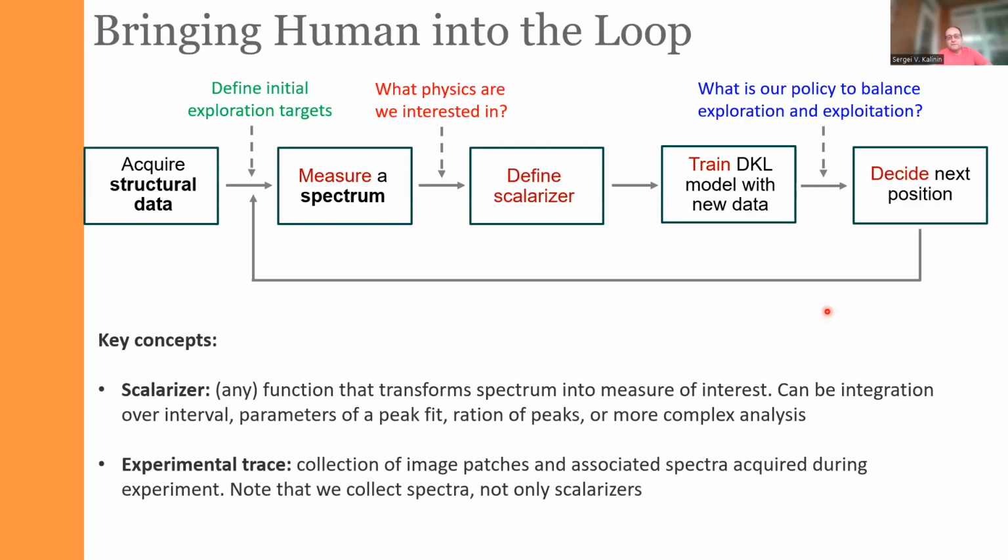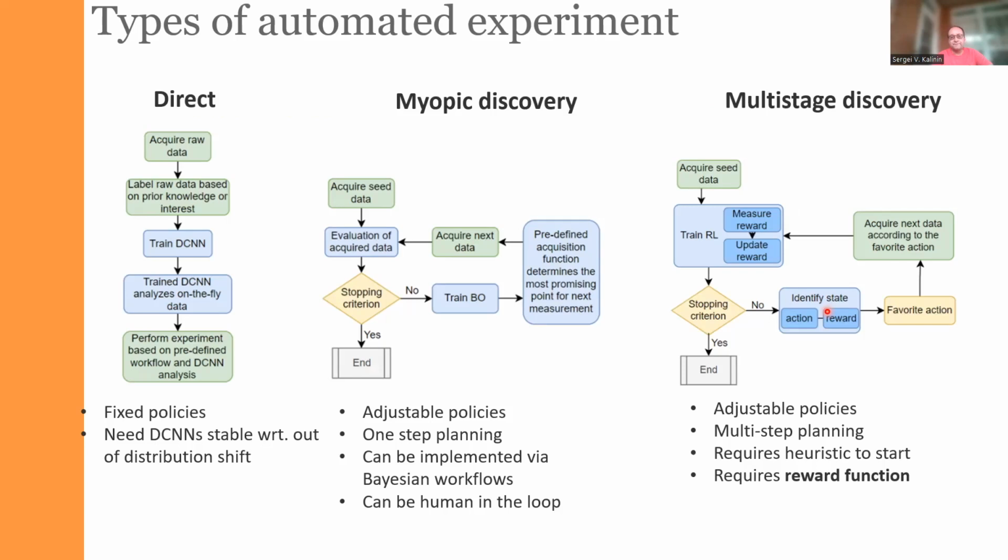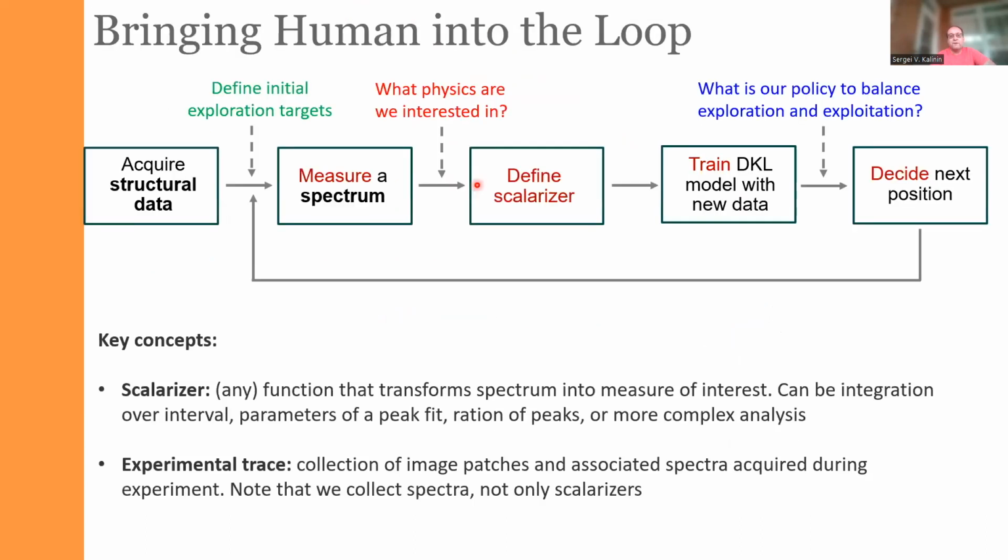Nonetheless, the question becomes, if we deal with myopic discovery, which is currently our bread and butter in the automated experiment, how can we bring the human into the loop? And obviously, how are we going to make sense of the observations? What helps in this case is to look at our experimental workflow one more time and see the possible points of human intervention.